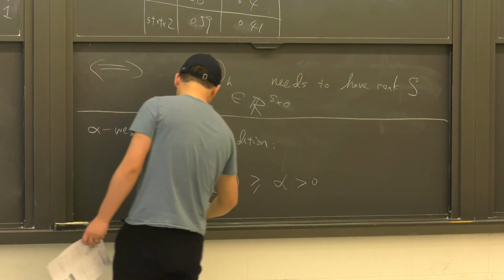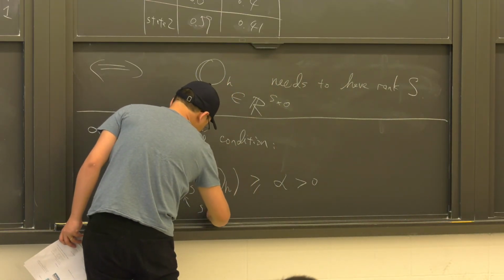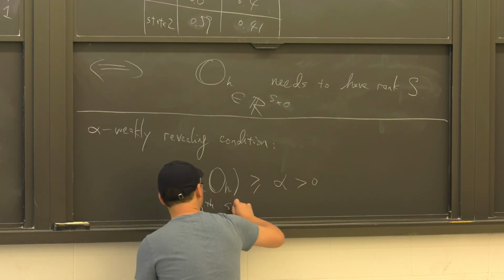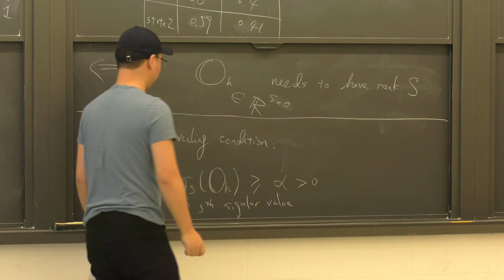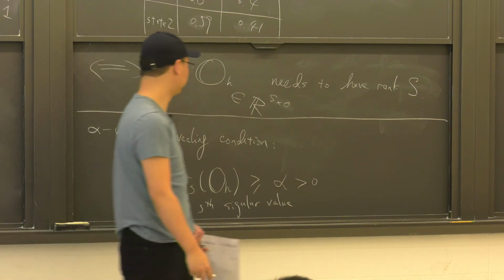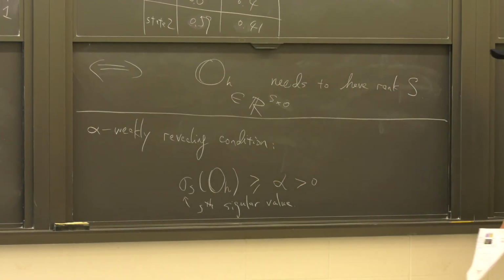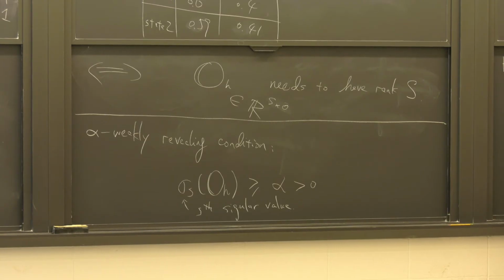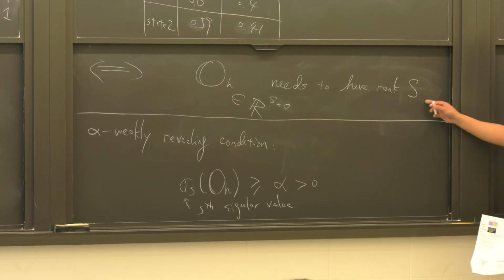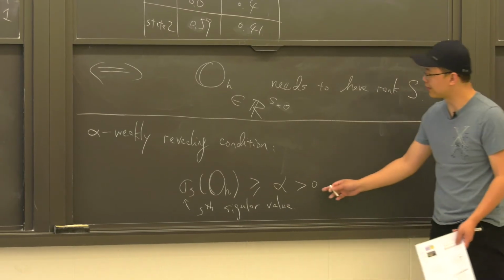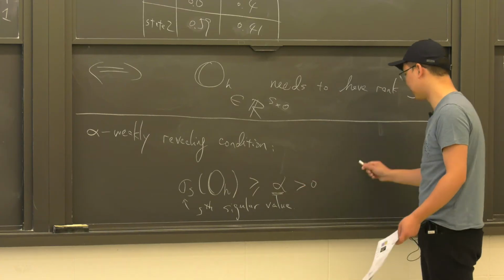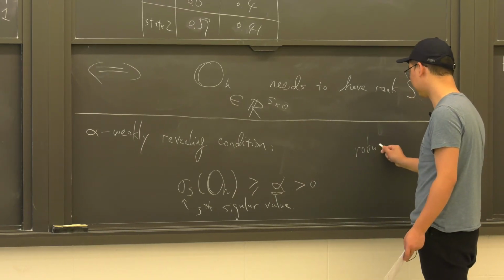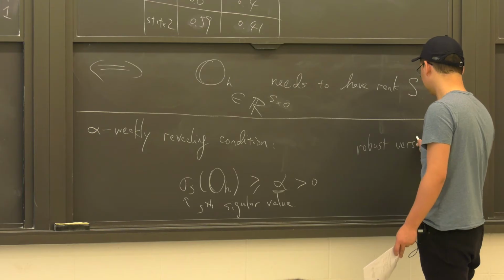The S-th singular value being non-zero is basically saying it's rank S. Now we're not only saying it's greater than 0, but greater than or equal to some threshold. That's why it's a robust version of rank S.